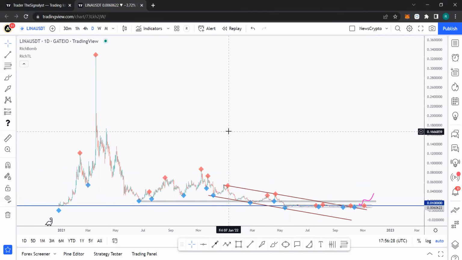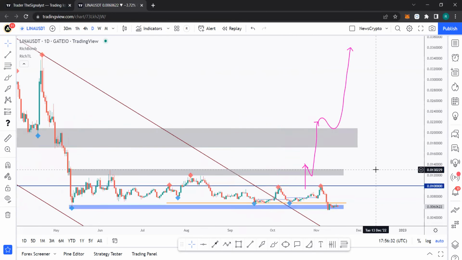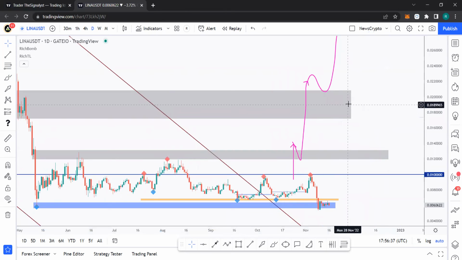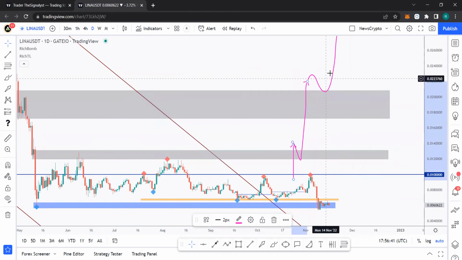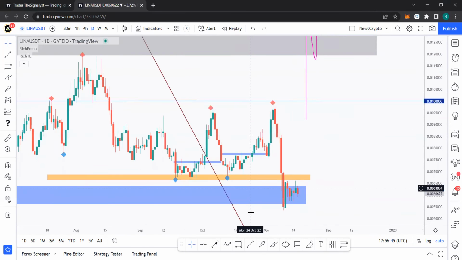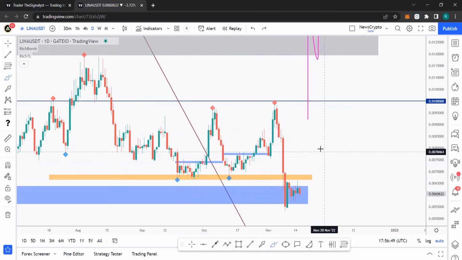On Lena around the 0.01, which is a round number, and so on. This is the drawing from last week. We wanted a break above this gray area, which didn't happen, obviously. So let's move it aside. And now I don't like how we broke below this, the exact same thing as Algo and so on, right?